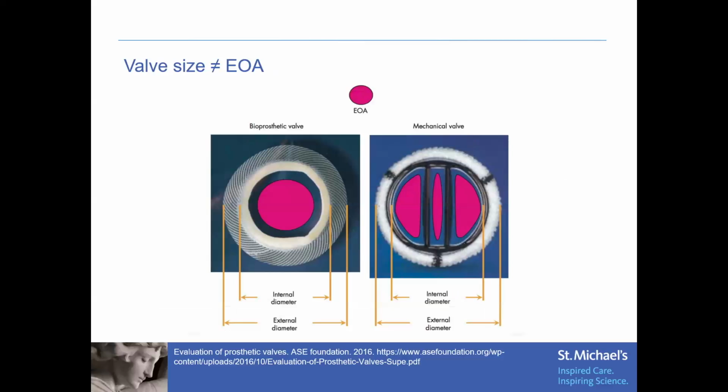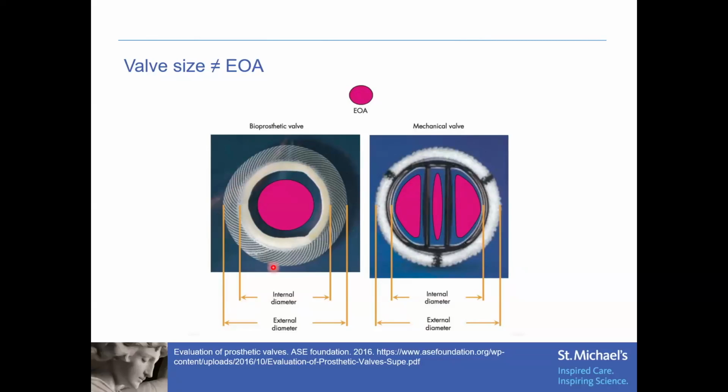The other key point is just not to use the valve size. So if you know that the patient had a 26 millimeter valve implanted, not to use that as the EOA, because when they talk about the size of the valve, depending on the type of valve, they're talking about the outer ring to outer ring size, which is not exactly the EOA. And as you can see here, it's just a pictorial representation of a bioprosthetic valve.